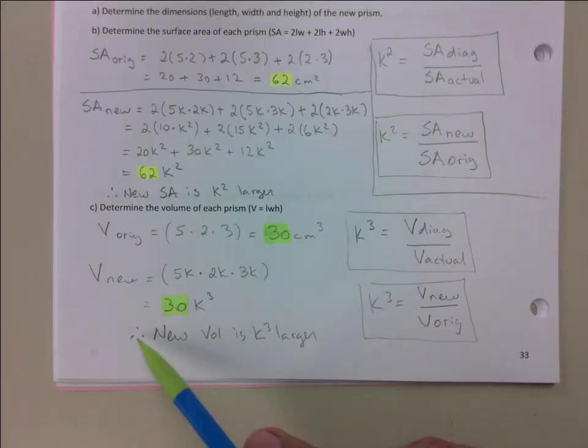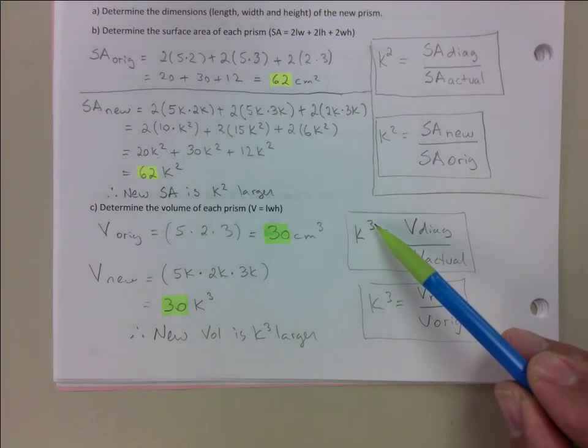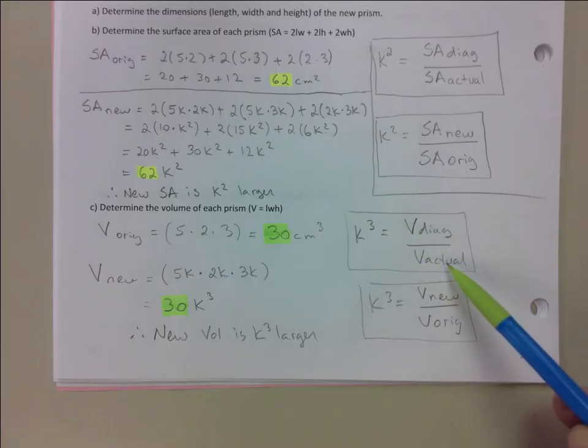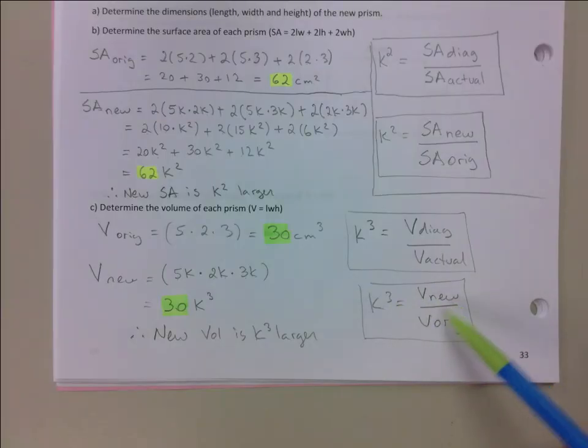Therefore, new volume is k cubed larger. K cubed is equal to, in the box, k cubed, volume of diagram, volume of actual. Or k cubed is volume of the new shape, volume of the original. You're welcome.